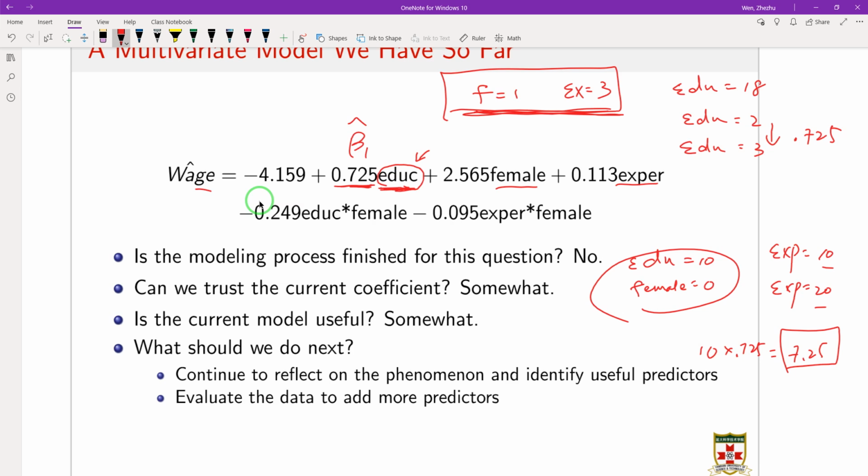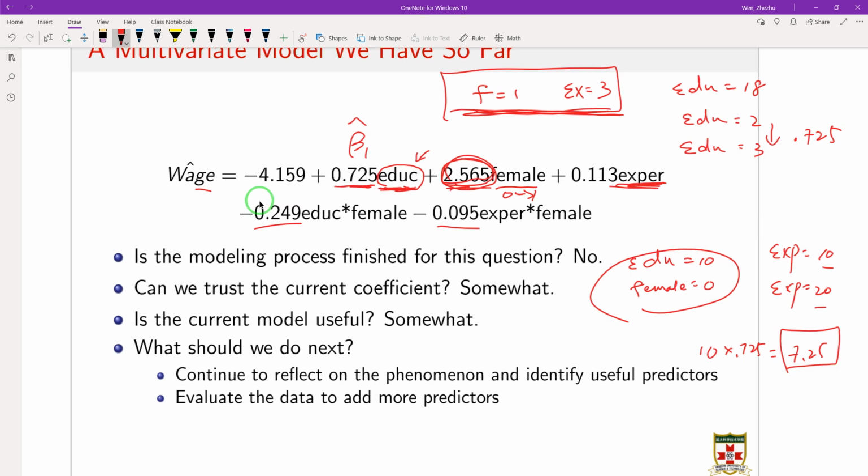Given the same years of education and experience, changing gender from male to female will increase the wage by this. But this is not actually meaningful, because you have to consider the interaction terms at the same time. So I will demonstrate a little bit more with the Excel demonstration as to how to specifically explain the result.